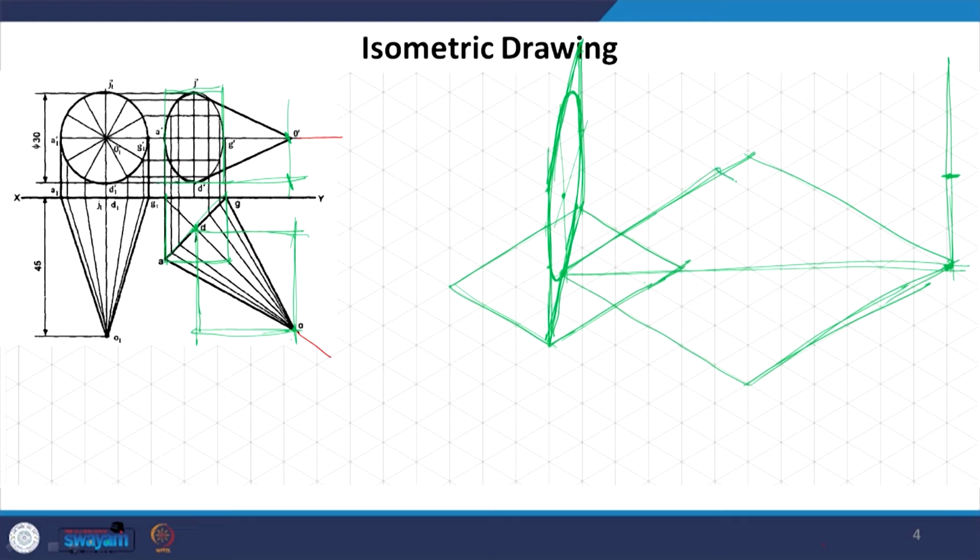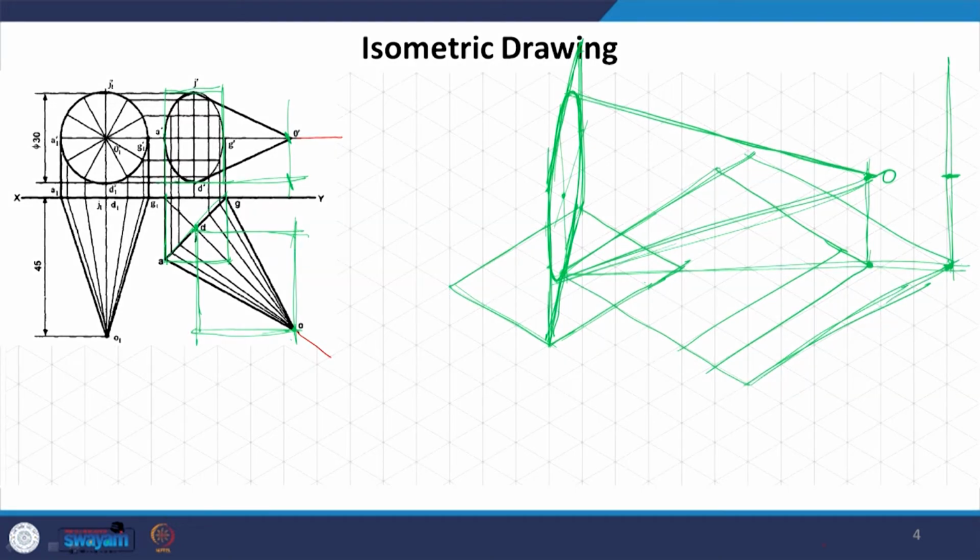Maybe I have drawn a bigger one here. So, this is where the apex is, and if I take it like this, this is where your apex O is going to come. And now, we can actually join this. I will take a different color and draw the final one.